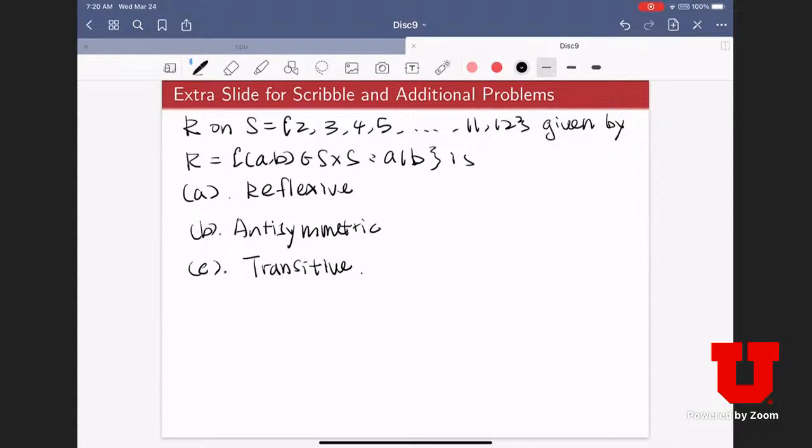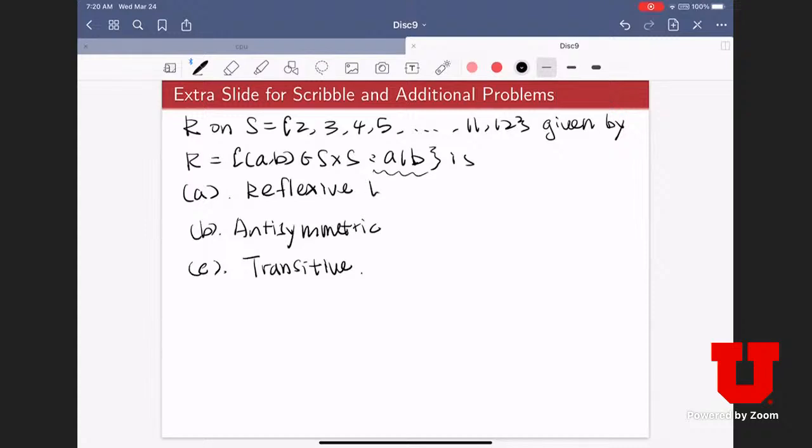All right, so part A should be straightforward. We have the definition of R as a divides b.